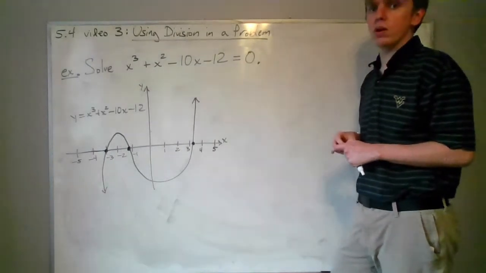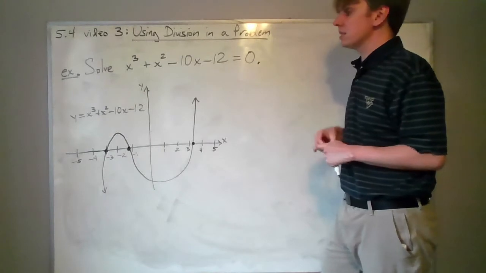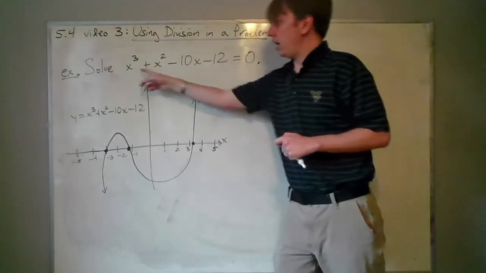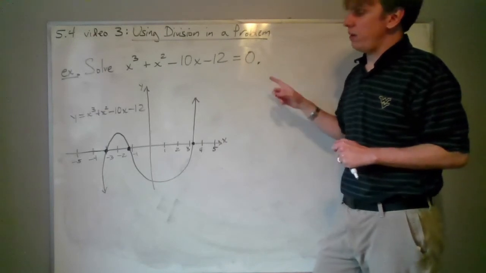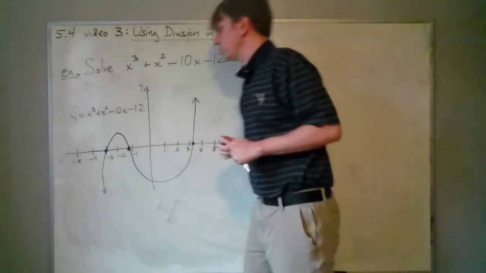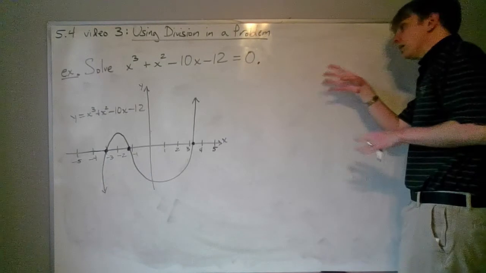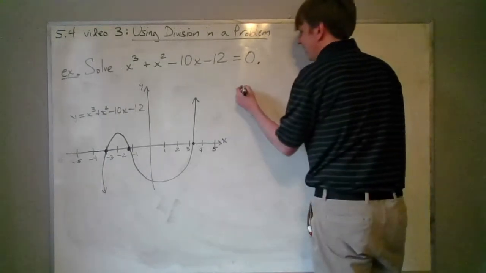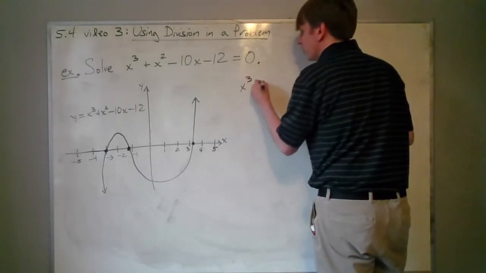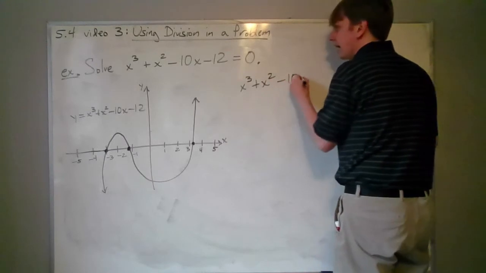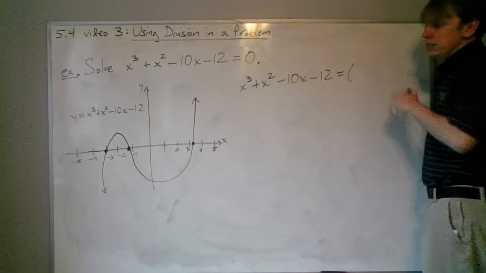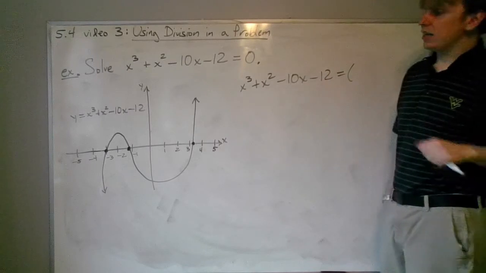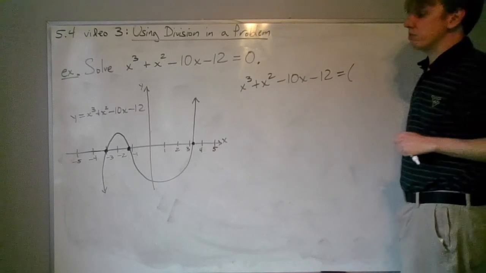The fact that I know one of the solutions means that I know this guy must be able to factor, and one of his factors is related to x plus 3. So I think what I can say is that this x cubed plus x squared minus 10x minus 12 is equal to, let's see, what would it have to look like if it had an x-intercept of negative 3?